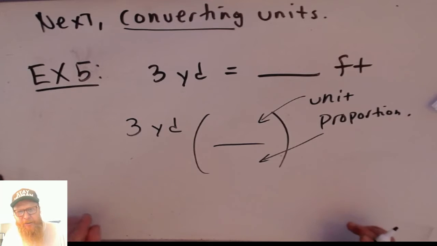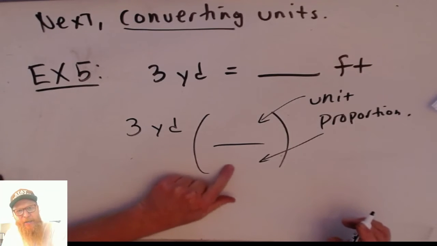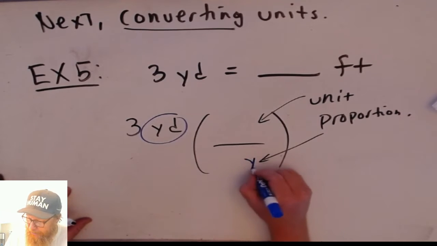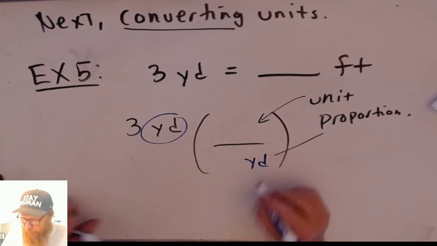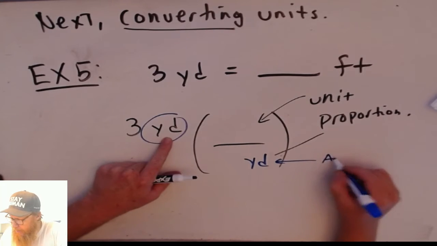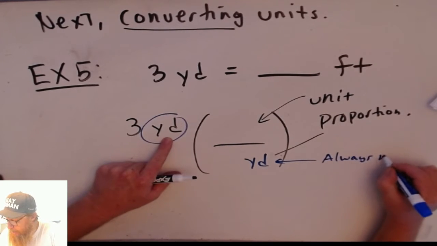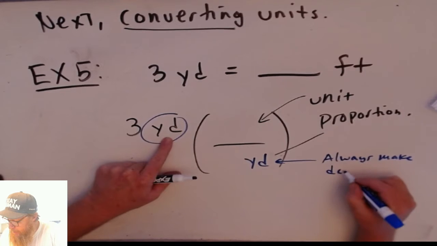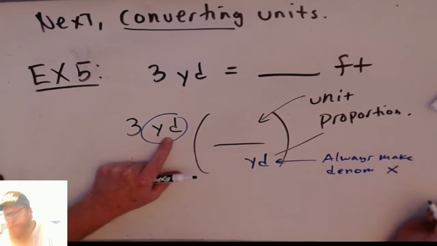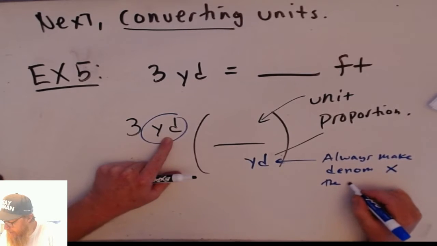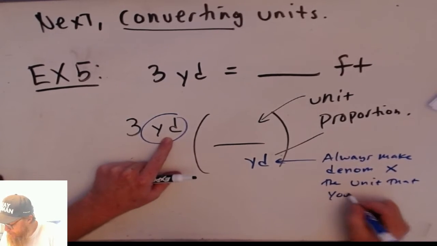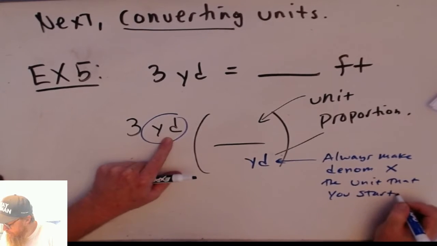When you're choosing the denominator, it must match whatever your original value is. So always make the denominator, which is x, the unit that you started with.